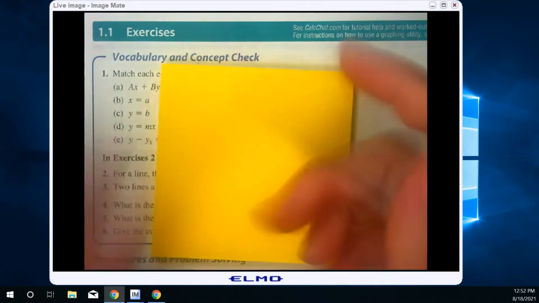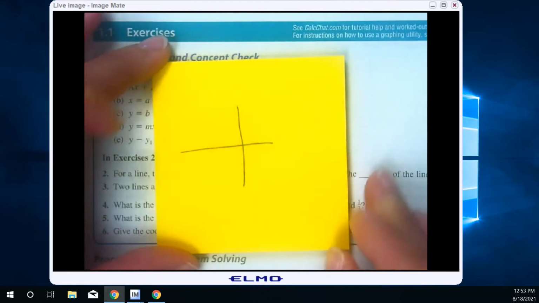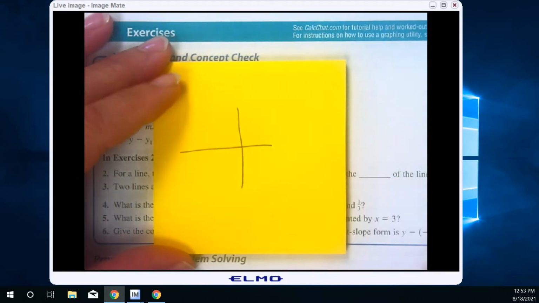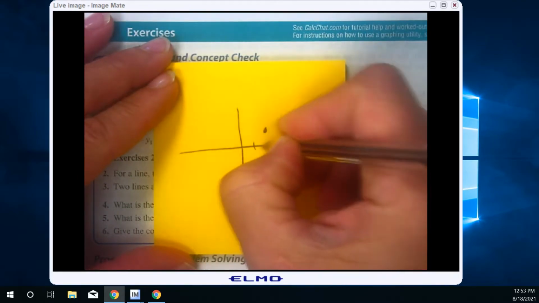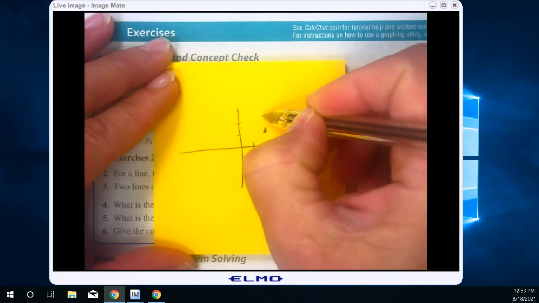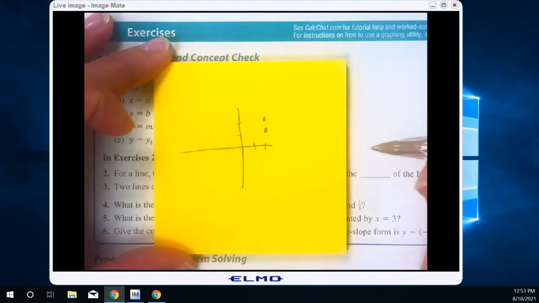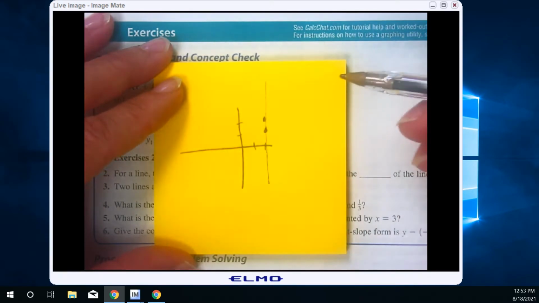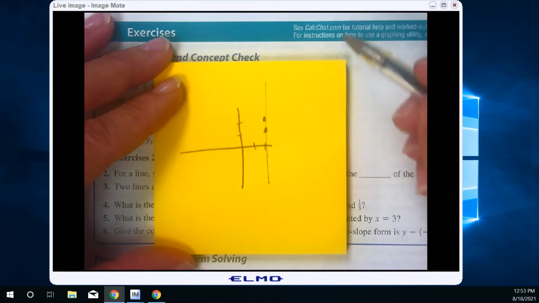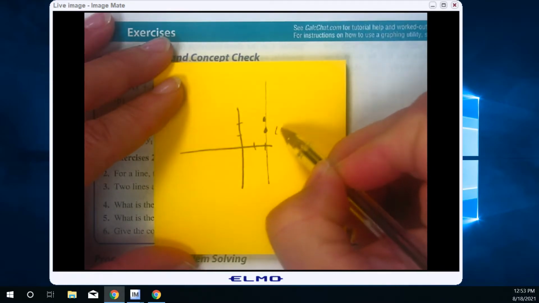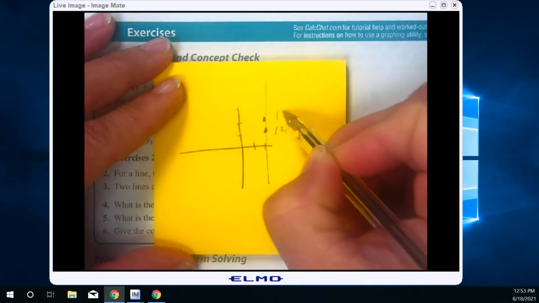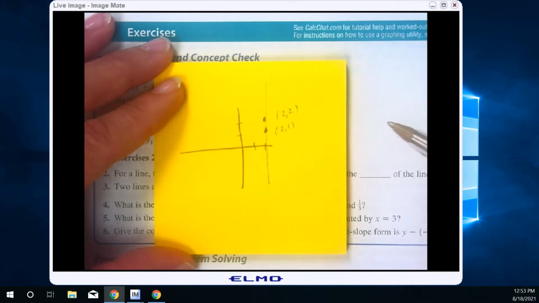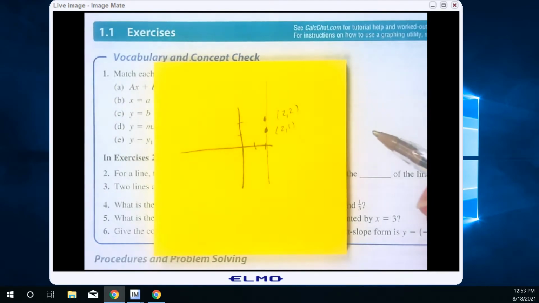So if I do a real quick, here's my Cartesian coordinate plane, and I graph (2, 1) and I graph (2, 2), then this line is a vertical line. It is parallel to the y-axis. But what is the x value on all of that line?